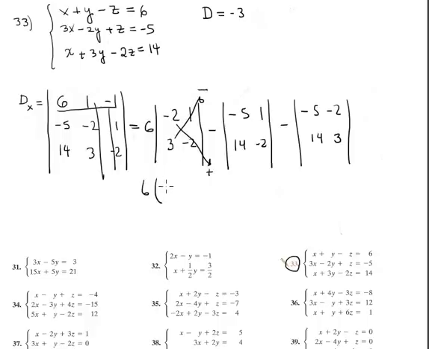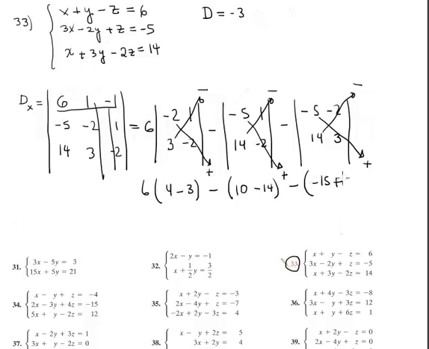This is 4 minus 3, minus multiplication this and this, minus. So it is 10 minus 14, minus, this is plus and this is minus. So negative 15 plus, because negative and negative is positive, 28.